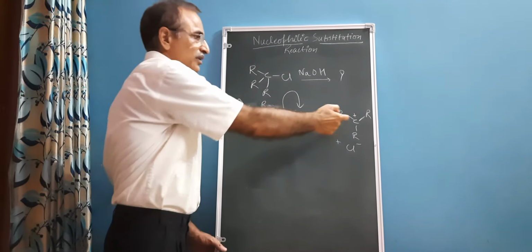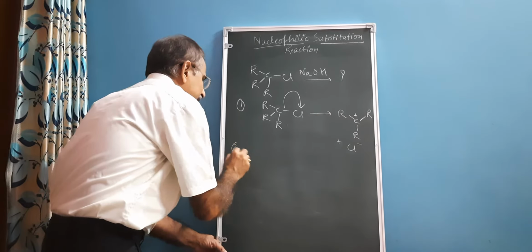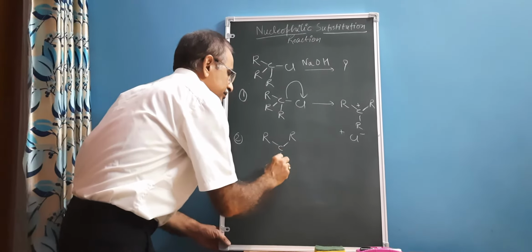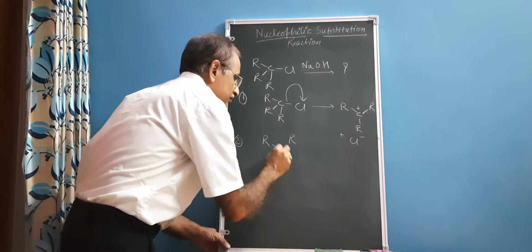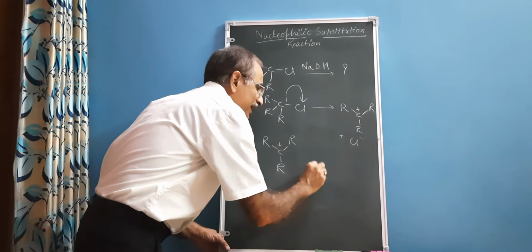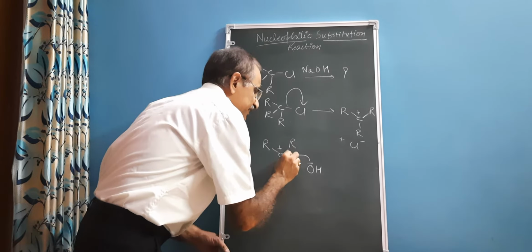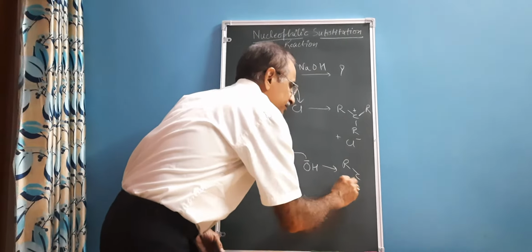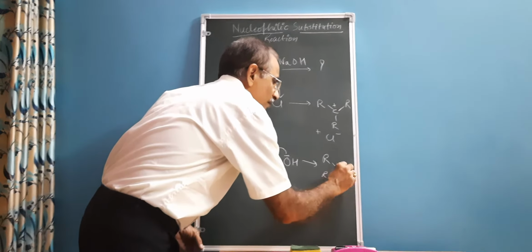Carbonium ion is formed. Once this carbonium ion is formed, here OH approaches from the front, and as a result there is formation of tertiary alcohol.